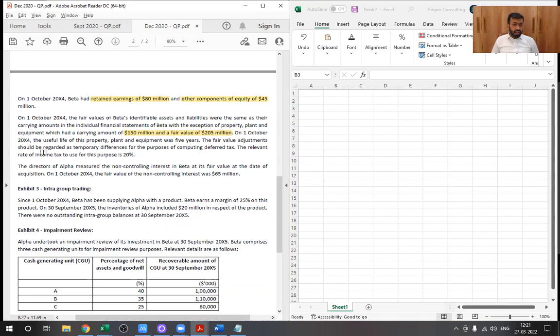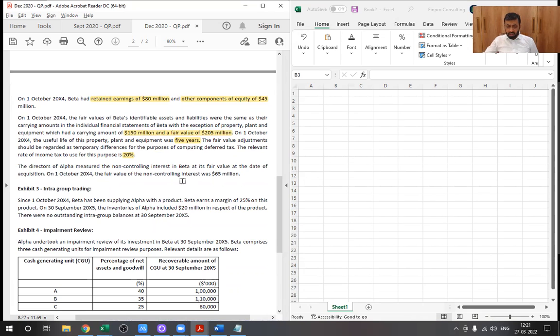On 1st October 20x4, the useful life of the property, plant and equipment was 5 years. The fair value adjustment should be regarded as temporary differences for the purpose of computing deferred taxes. The relevant rate of income tax to use for this purpose is 20%. For deferred tax, you will also have to calculate for this fair value.